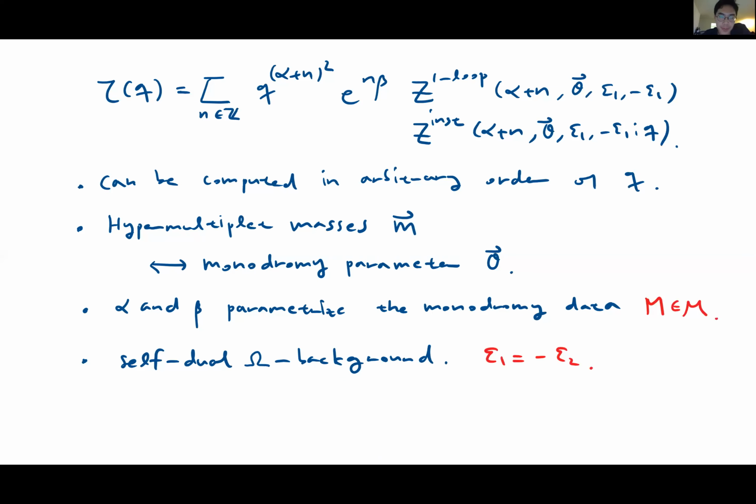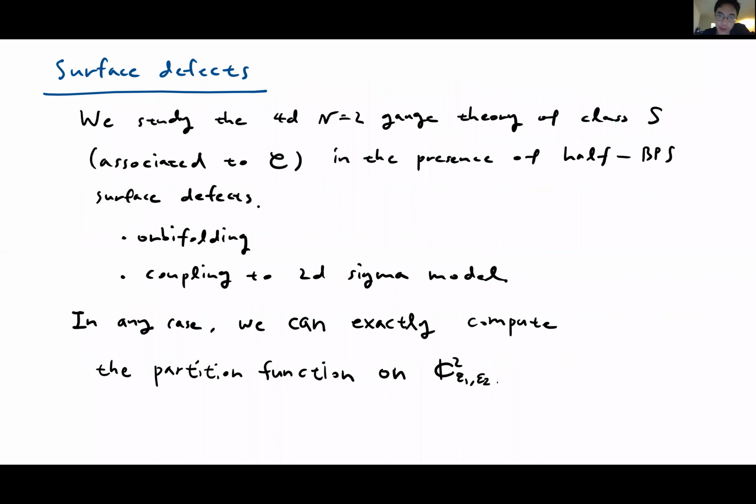So we are now really getting to the gauge theory. To understand this problem, I have to introduce some ingredients in supersymmetric gauge theory, and that's surface defects. We would like to study the 4D N=2 gauge theory of class S in the presence of certain half-BPS surface defects. So let's forget for a moment about this isomonodromic problem and just focus on the 4D N=2 gauge theory with surface defects.